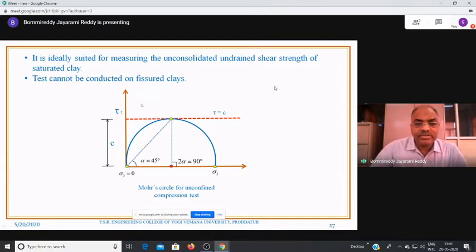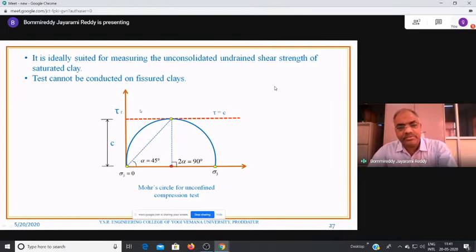And normally this cannot be conducted for fissured clays. If the clay is already containing some cracks, that soil cannot be tested in this, because after the application of the load, the soil is going to fail at that level. Whenever the soil is having some cracks, that is not allowed to be tested in this particular experiment.